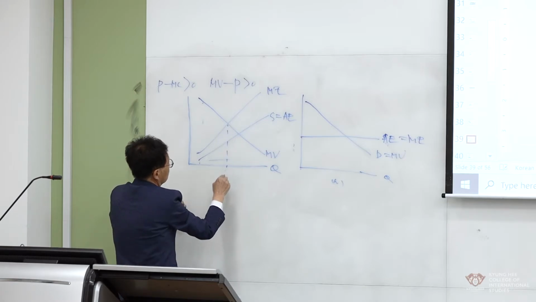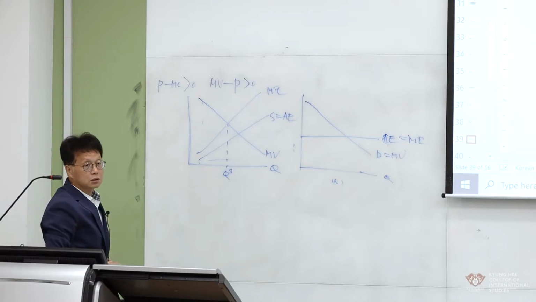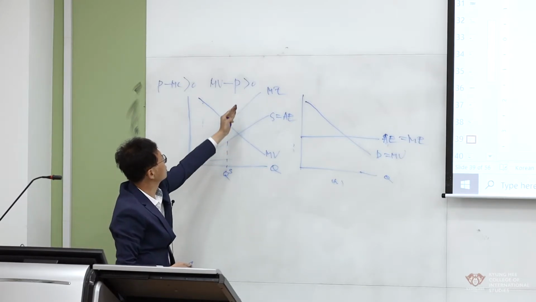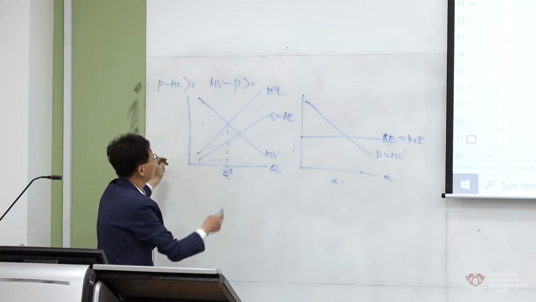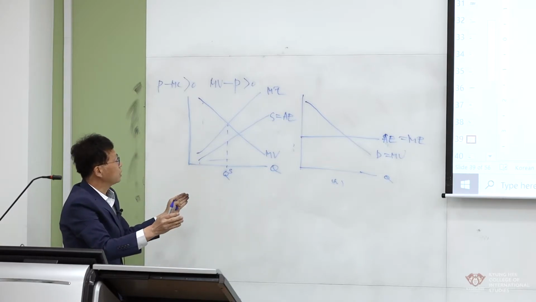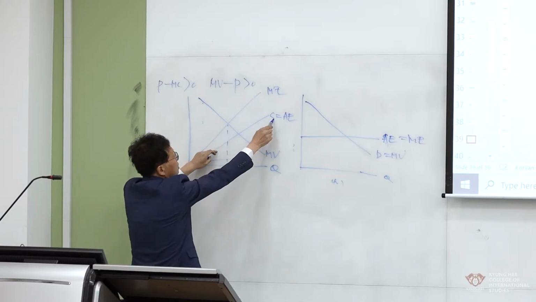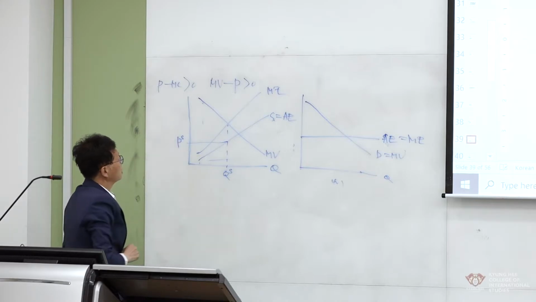So it wants to purchase this amount of good, where marginal value is equal to marginal expenditure. Can you understand? Then what is the price in this example? The price is decided by average expenditure. So the price is this one, price S.